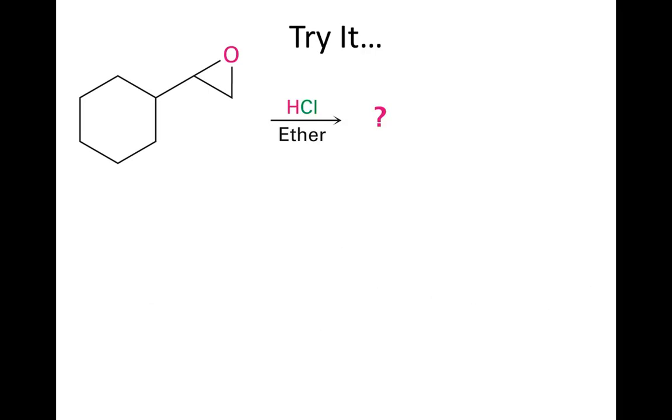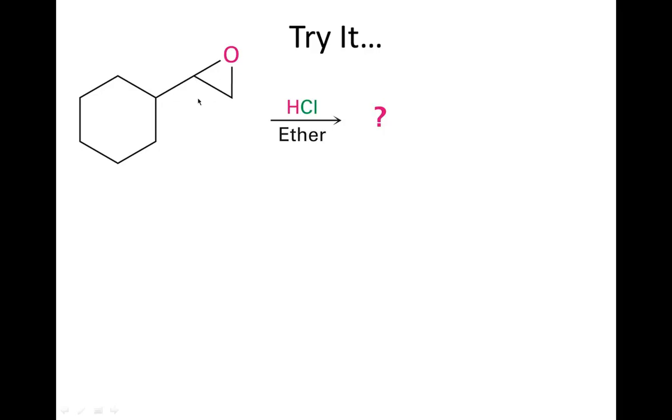Okay, so suppose you have this molecule and you react it with HCl. What is going to happen? Remember, you have an acid, so you look for the base. So here's a basic site in this molecule. So if you protonate that, then the question is, will the ring open by itself, or will it wait for the chloride ion to open it? And so one of these carbons is technically primary, and this one is secondary.